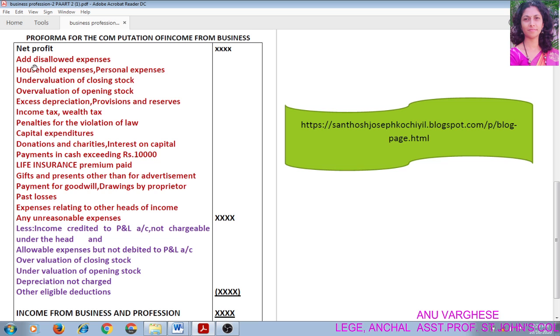Net profit, add disallowed expenses like household expenses, personal expenses, undervaluation of closing stock, overvaluation of opening stock.